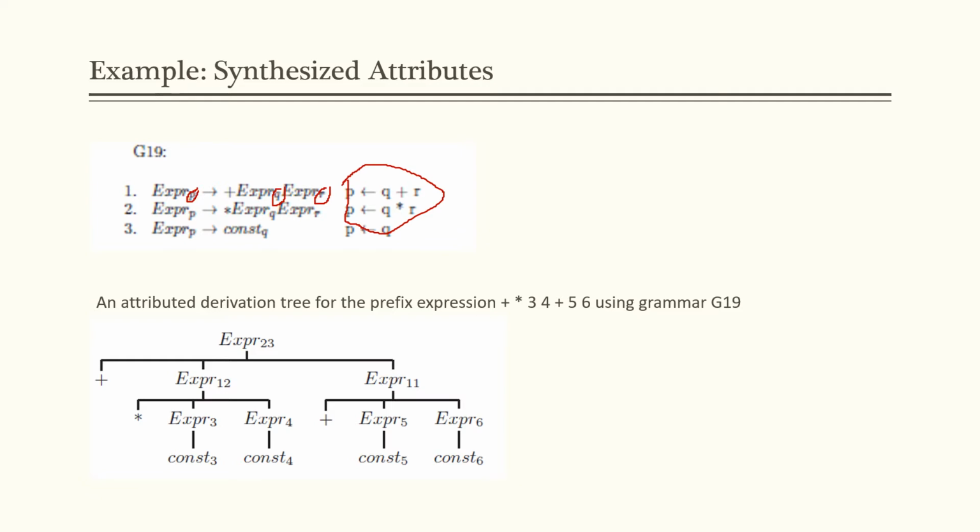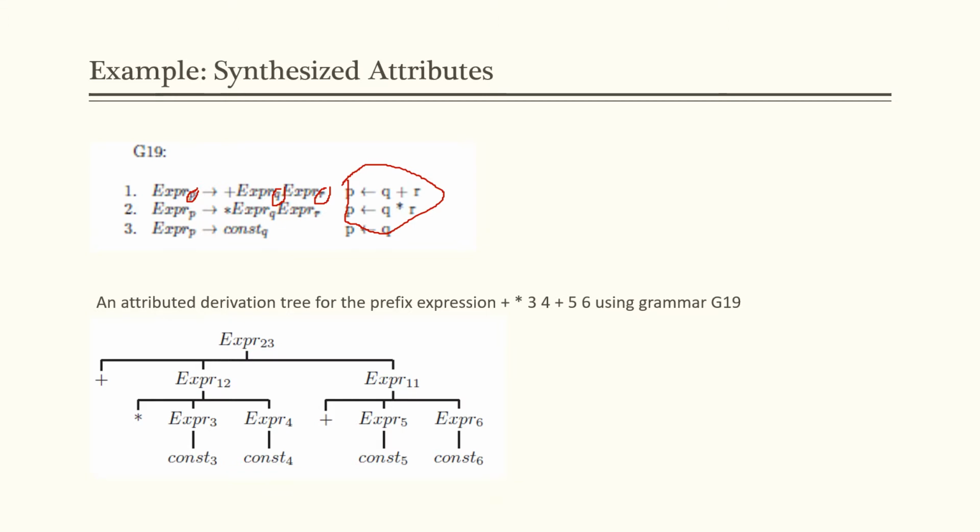In this case, if we look at the first one, for P, Q, and R, we want to do the addition of Q plus R and assign the result to P. That is what we call synthesized.